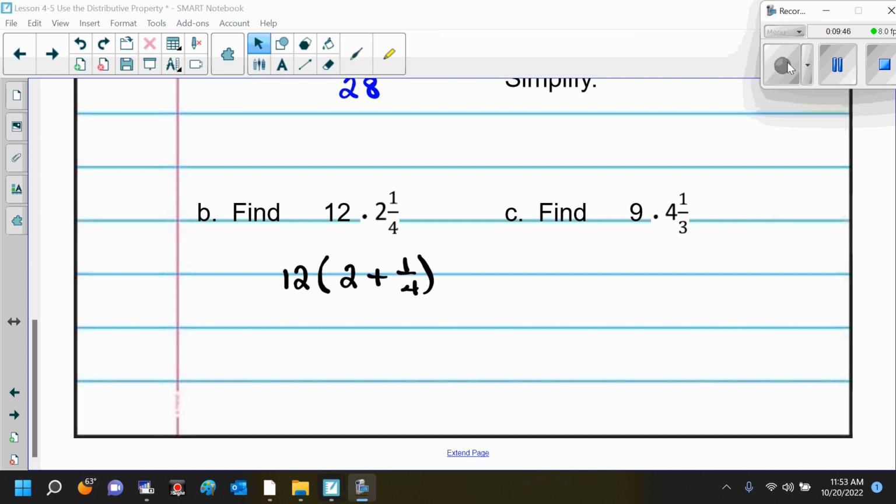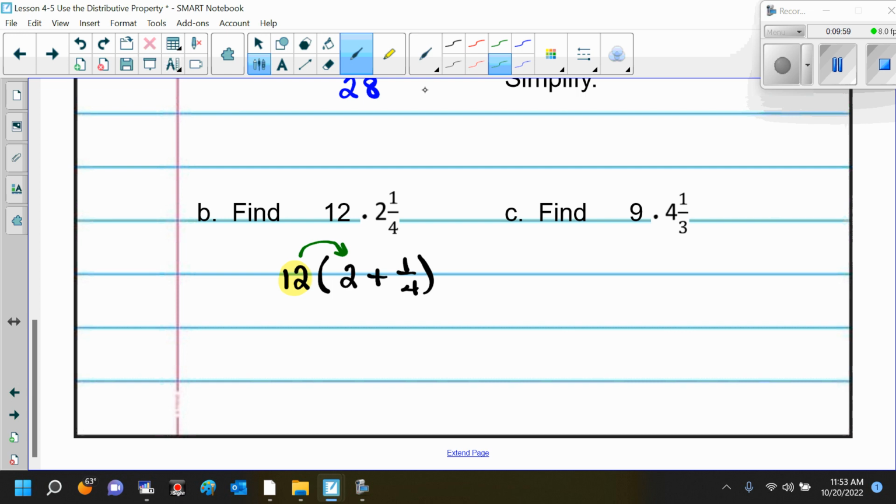All right, so now we can use our distributive property, okay? So the 12 is the number on the outside. That gets multiplied times everything on the inside. So we're going to multiply 12 times 2. And we're going to multiply 12 times, what kind of 1/4? Positive 1/4.